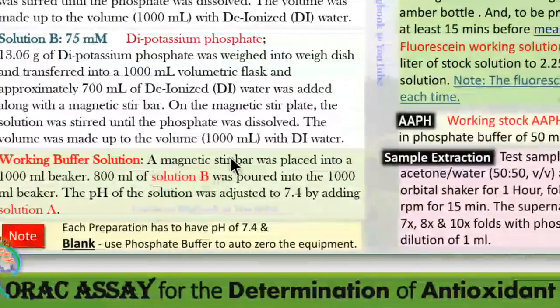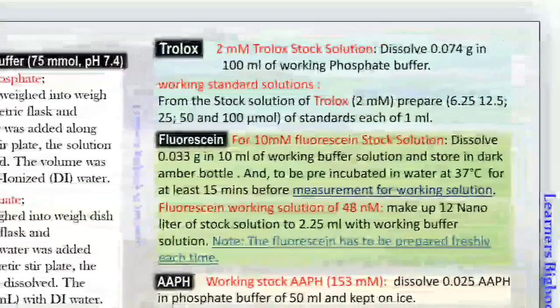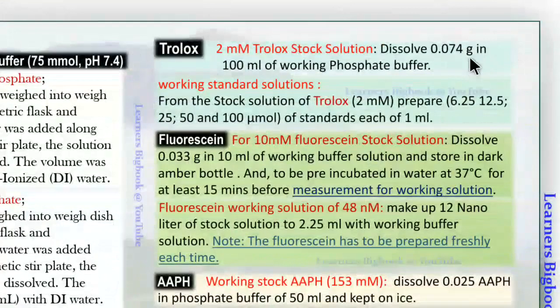From here we take 100 ml of it and dissolve 0.074 grams of this Trolox, which is going to give the concentration of 2 millimolar. If you dissolve 0.074 grams in 100 ml of working phosphate buffer, the concentration is going to be set to 2 millimolar.